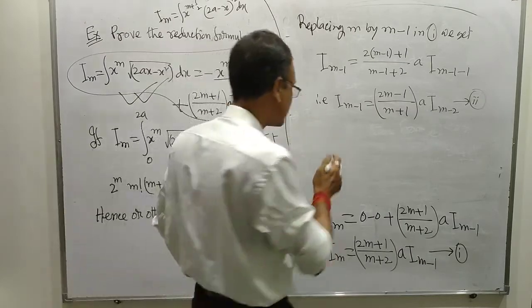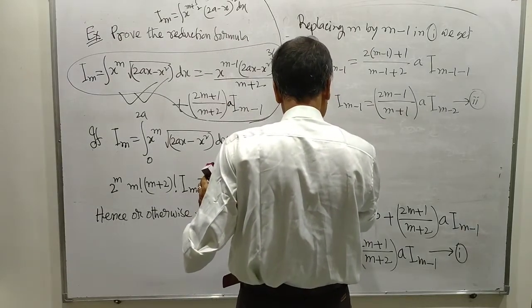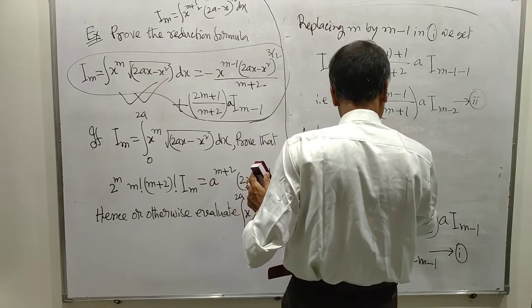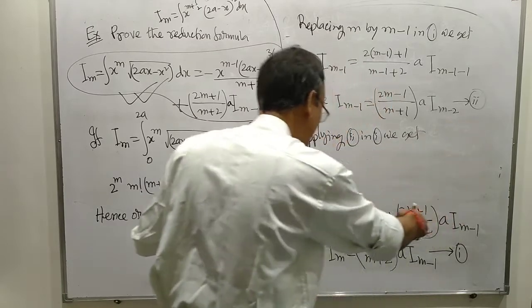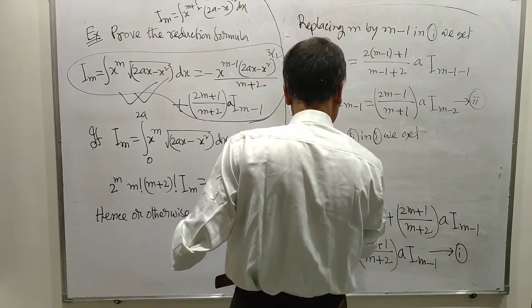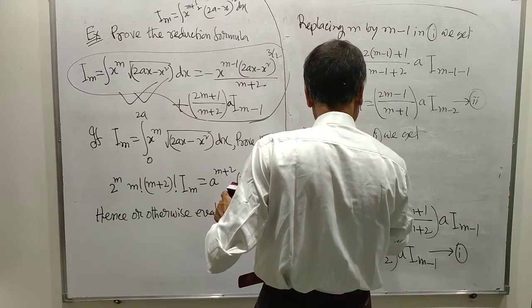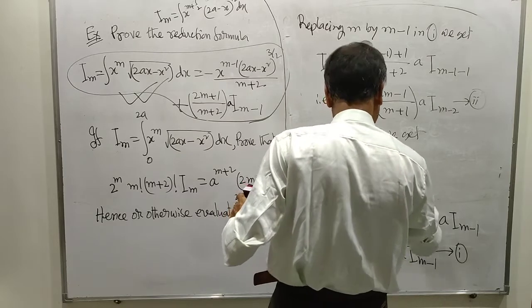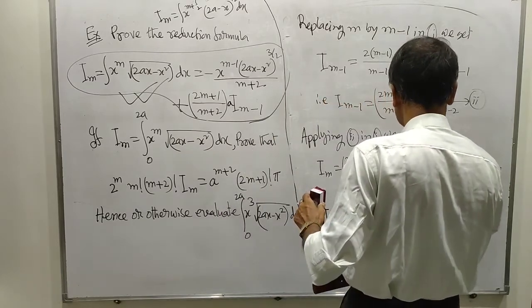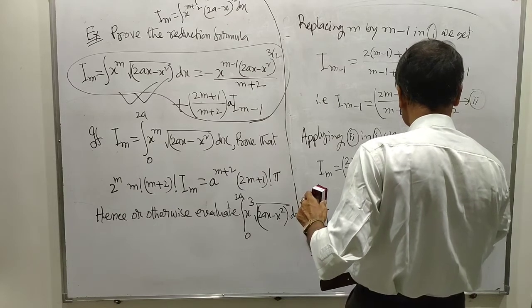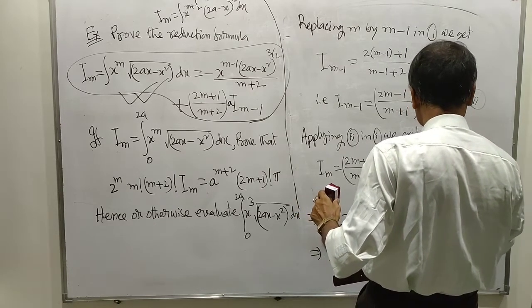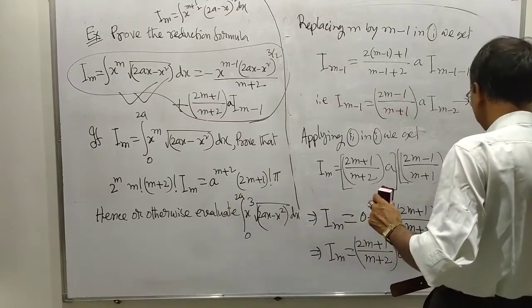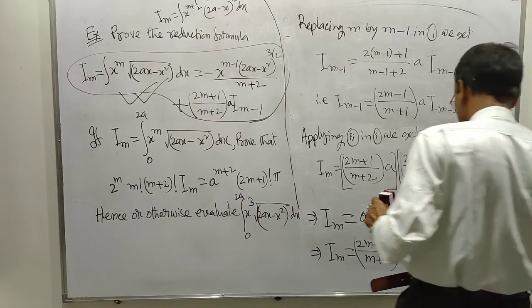Applying 2 in 1, we get I m is equal to 2(m plus 1) divided by (m plus 2), times a into 2(m minus 1) divided by (m plus 1), a into I m minus 2.